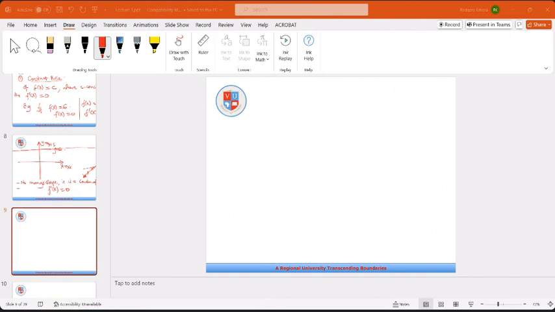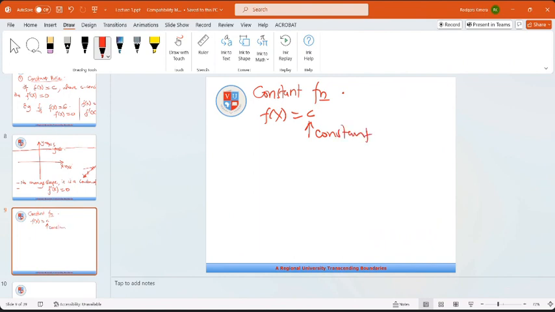Whenever we are talking about a constant function, such as f of x equals c, where c is a constant, we do not need to waste any of our time. We shall just say that f prime is 0. And we can have as many examples as we want.